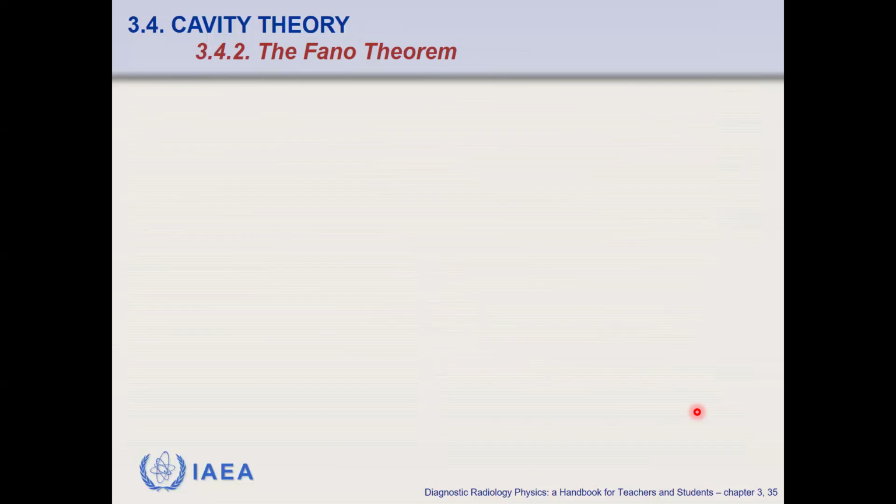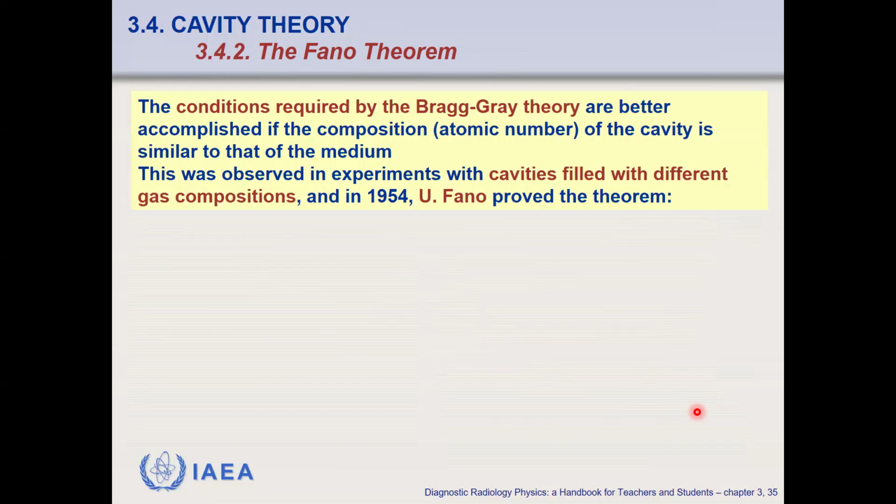It involves placing a small cavity in the path of radiation. Okay? Now, concerning the Fano theorem, it was proved by Ugo Fano, the name of the scientist. It was proved by Ugo Fano in 1954.